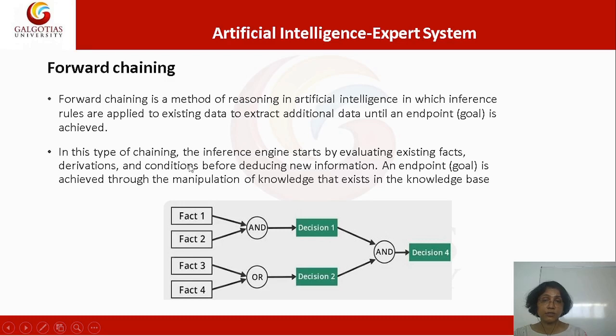In this type of chaining, the inference engine starts by evaluating existing facts, derivations, and conditions before deducing new information. An endpoint, that is the goal, is achieved through the manipulation of existing knowledge. The output, that is the decision, comes out based on the knowledge which already exists in the form of facts.